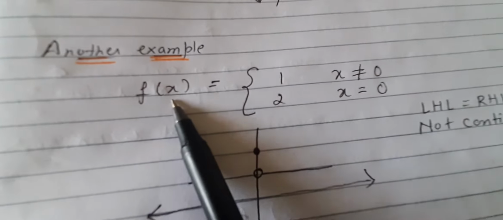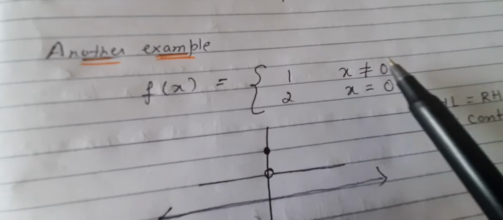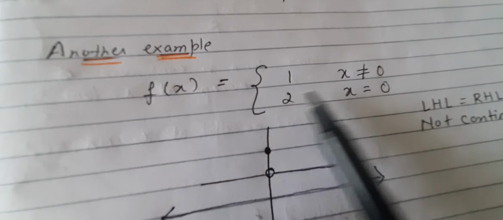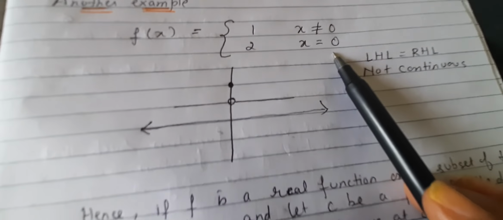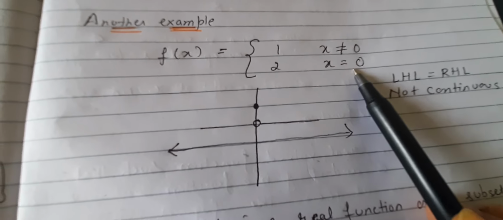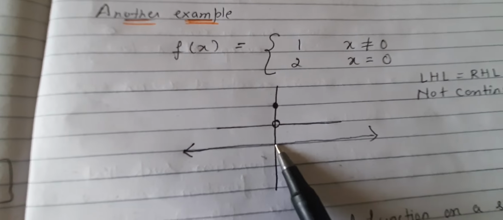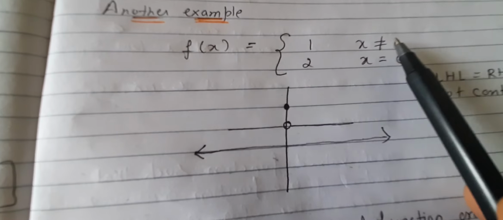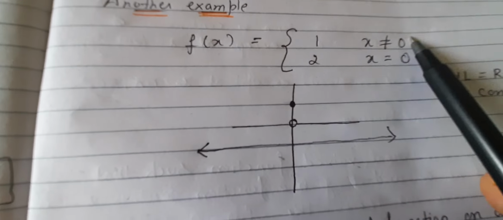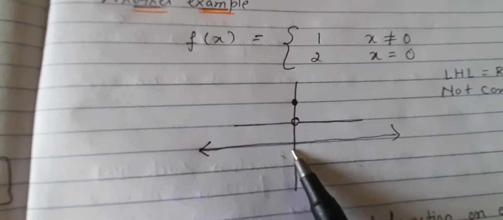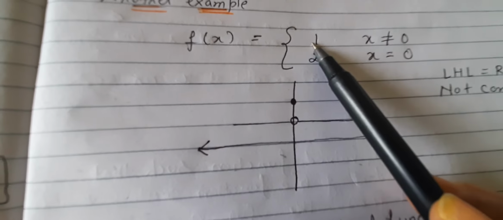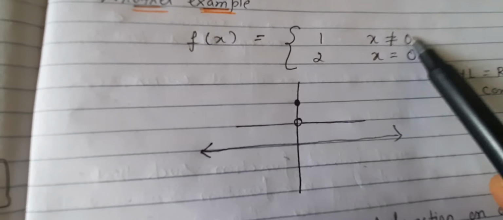Now I have defined f(x) equal to 1 if x is not equal to 0, and it is equal to 2 if x is equal to 0. Over here just see, when approaching 0, the value from the left hand side will be 1, and from the right hand side also the value will be 1 when it is very near to 0.